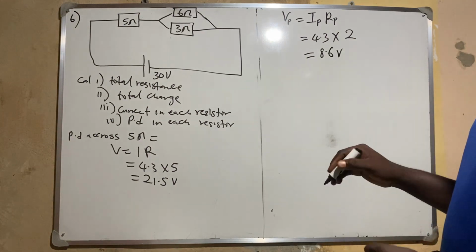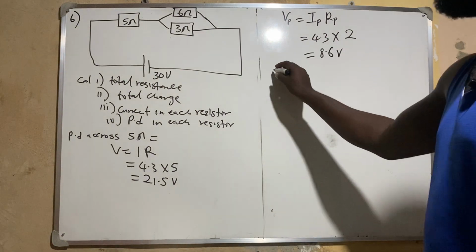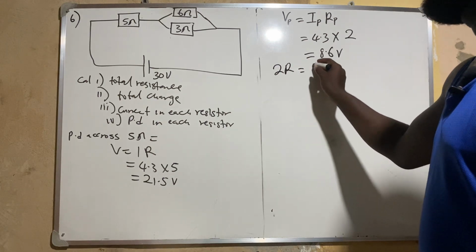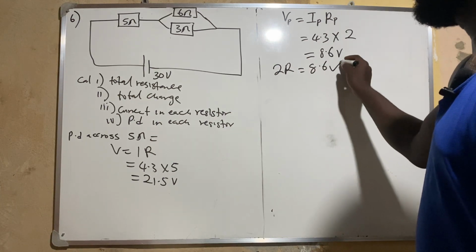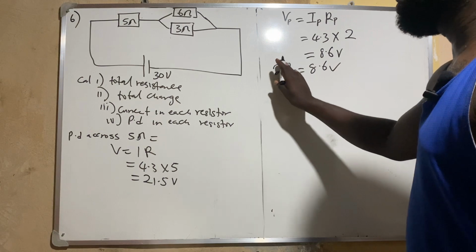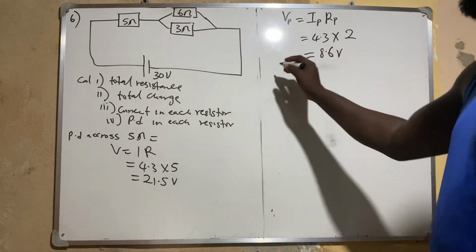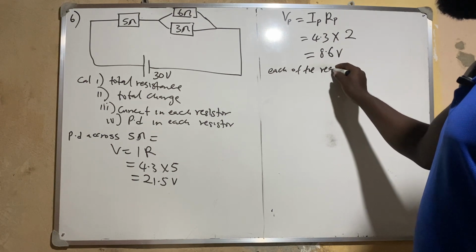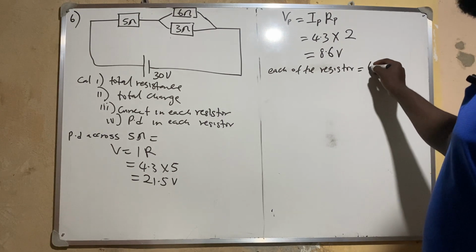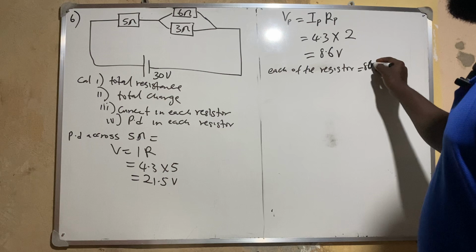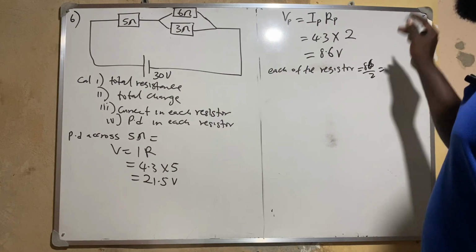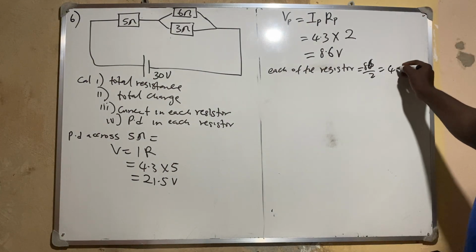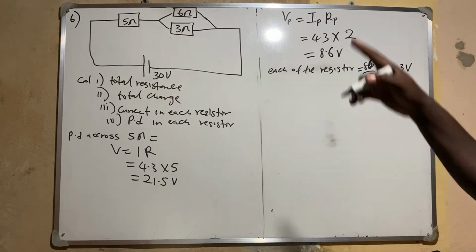So this is 8.6 volts. But the two are sharing it, so each of the resistors will now be 8.6 divided by 2, which is 4.3 volts. So each of them is 4.3.